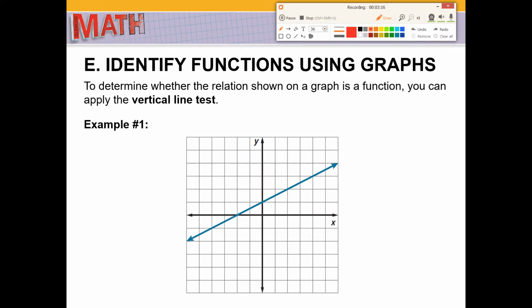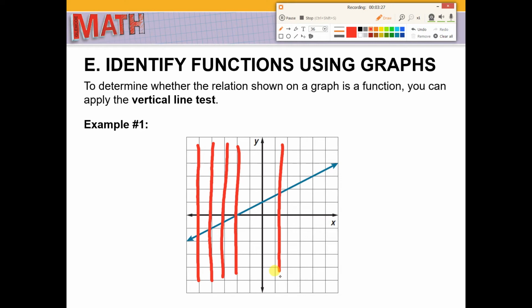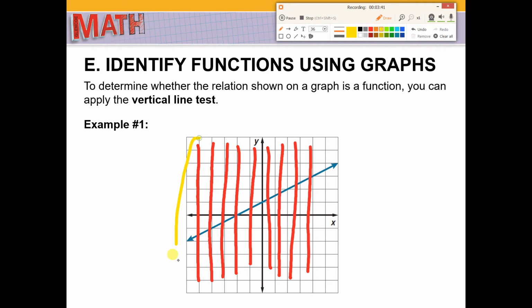Easy. I have to put a lot of vertical lines in any part of the graph. So I will put here, I can put here. Okay, you can draw as many vertical lines as possible, but the more there are, the better. Now, let's look at these lines. The first vertical line that I put is touching the graph in one point.